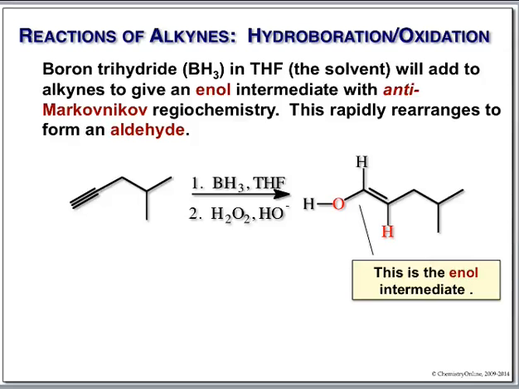That means we're going to make this a carbonyl. This is going to be a CH2. Pick up a hydrogen, and by gosh, we made an aldehyde. This is an aldehyde because it has a hydrogen attached here. Don't forget the hydrogen.